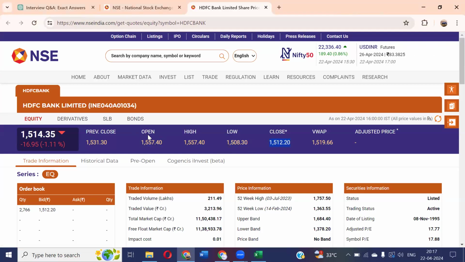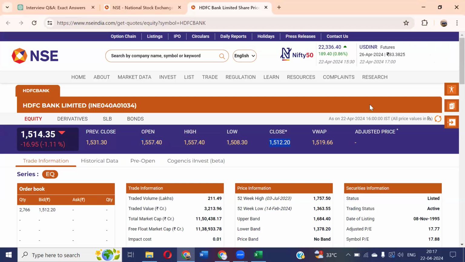If I do any trading, buying and selling of the same HDFC security, will I end up with a profit or loss? It's a loss. Is there a chance to get a profit? Maybe the price of the security opened in the morning at 1557, but the ending is 1512.